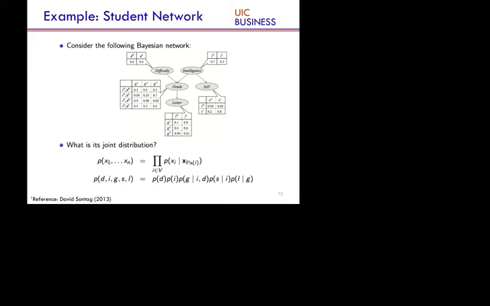We have 5 variables. I think other than grade, everything else is a two valued random variable. So you have 2 to the power 4, 16, times 3 as the number of numbers that you need to represent this joint distribution. Here maybe you have less than that.